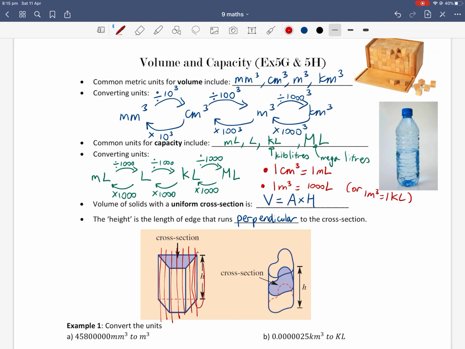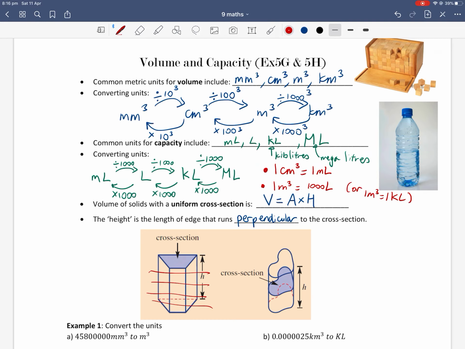Well, no, because these slices will be thinner on the edge, whereas on the middle side you'll get a wider, larger area slice of your, if this was a cake, which is not the same, so it's not uniform. In contrast, if I sliced this cake horizontally like that, then every single slice will look like a trapezium, and every single slice will have the same area of that cross section. That's what we mean by uniform cross section.